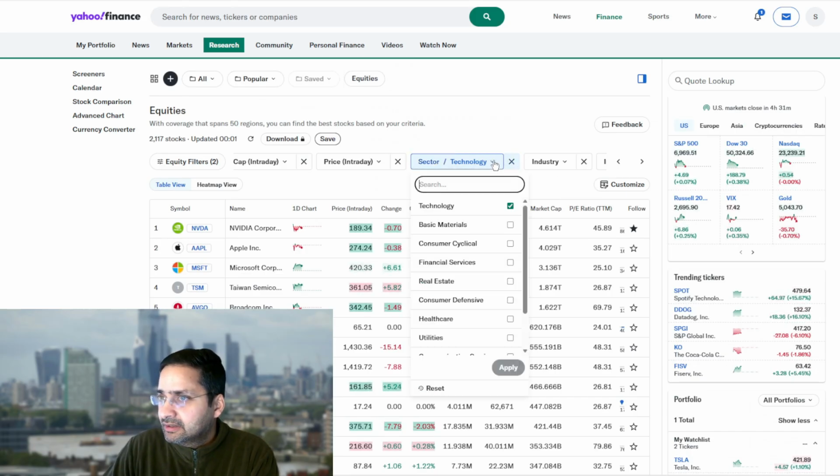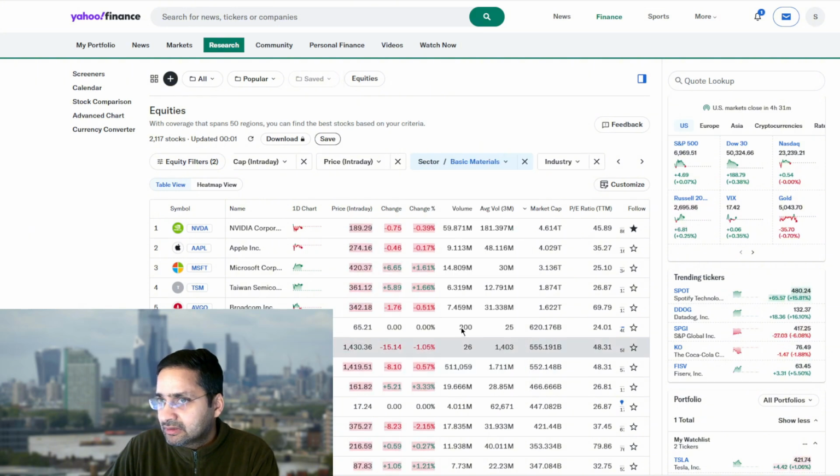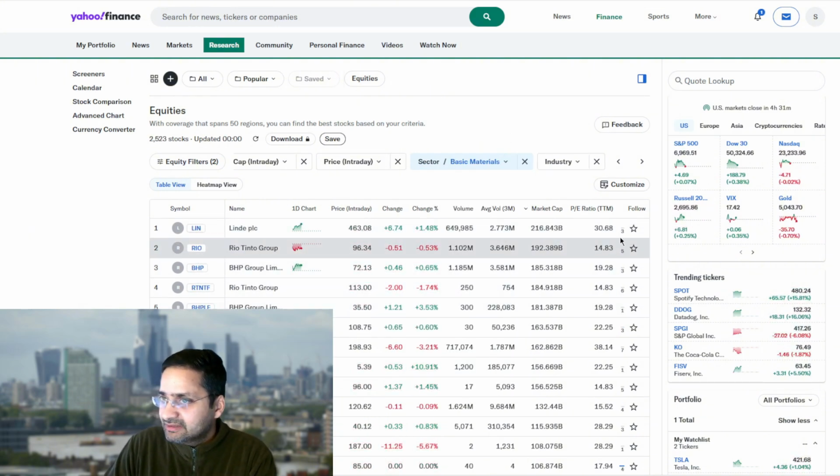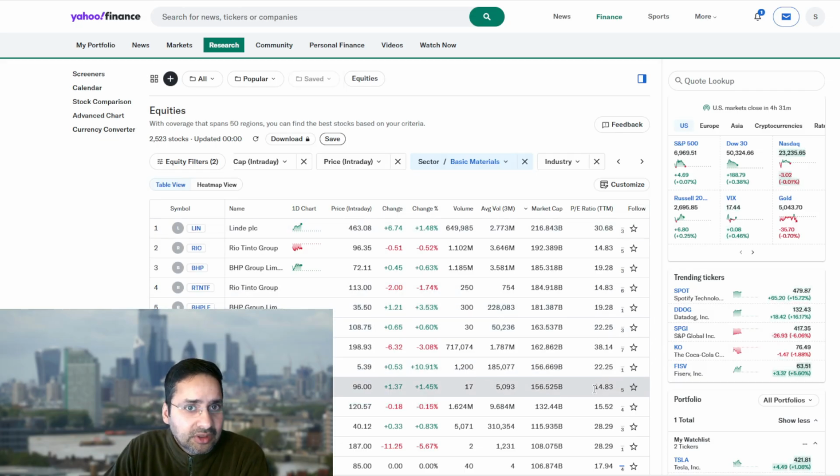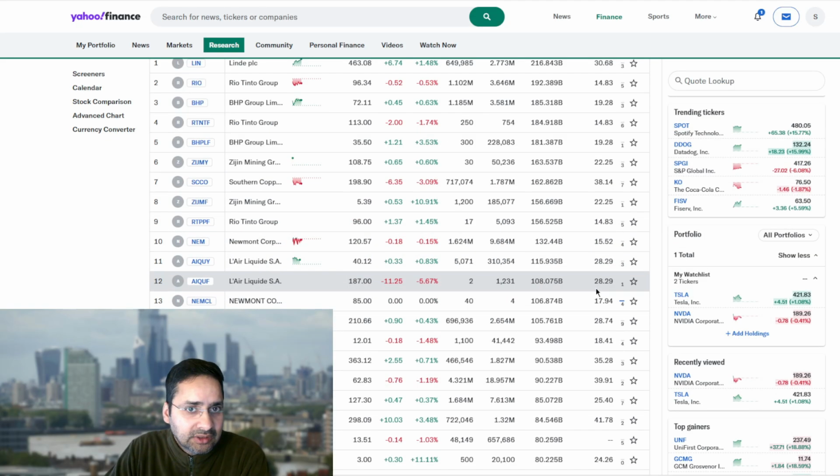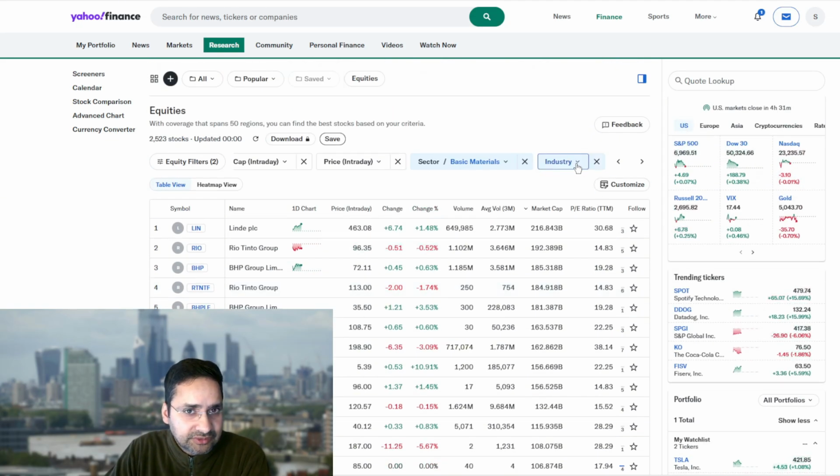Let's say we look into basic materials. Now for basic materials, it begins to look like something in the range of 20s, 30s is a pretty good PE ratio for this industry, for this sector basically.